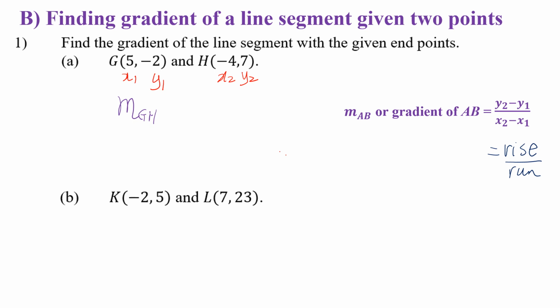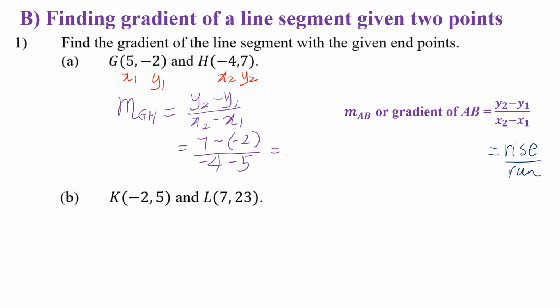So that will be equal to, write down the formula. It's always good to write down the formula so that the formula will guide you to do a correct substitution. So y2 is 7, y1 is negative 2, so it's 7 minus bracket negative 2 close bracket over x2 is negative 4 minus 5.